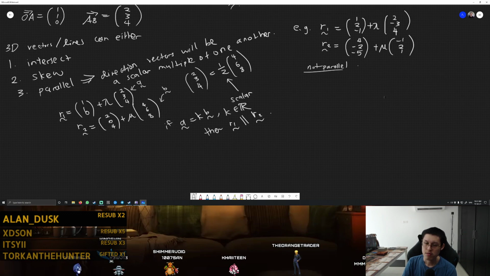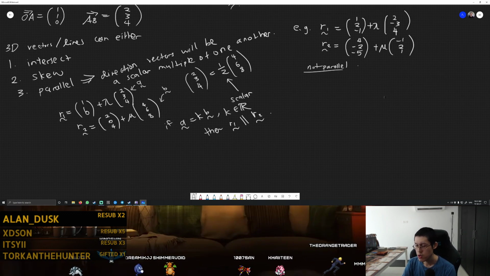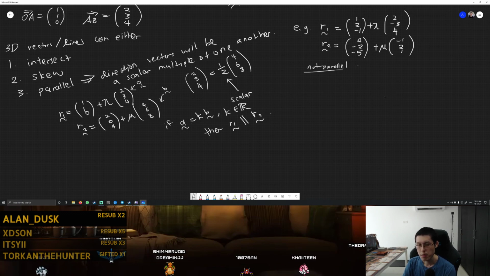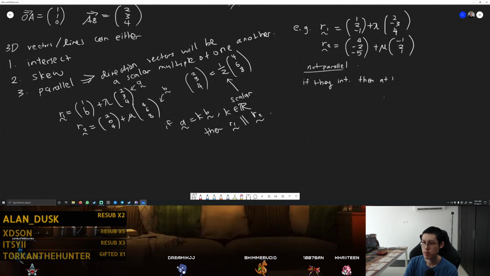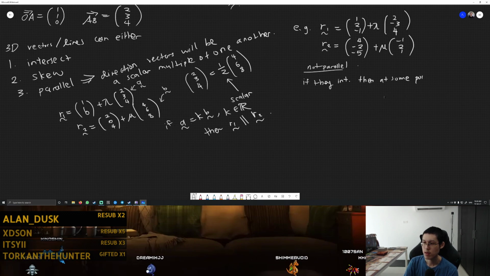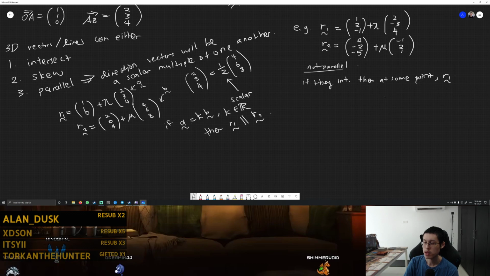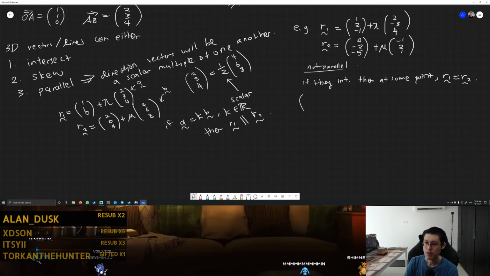What about whether they intersect or not? If they intersect, they should share the same point, correct? Which means if they intersect, then at some point R1 must equal R2, correct? So we're going to try to equate them together and see whether we can find that point.